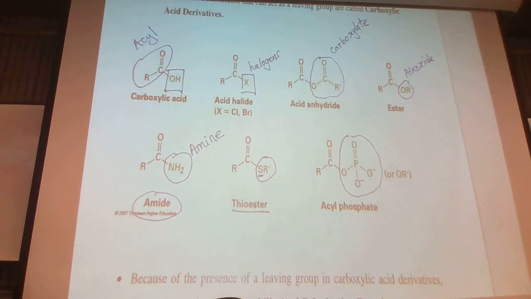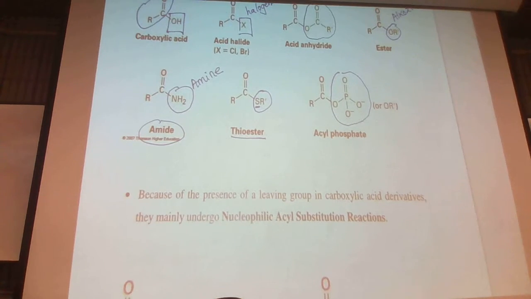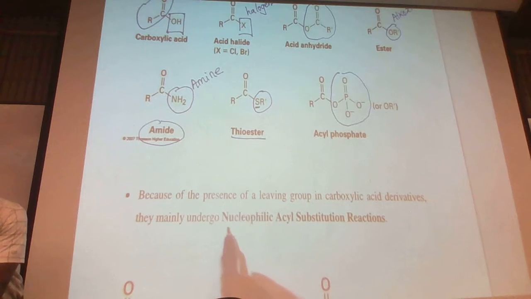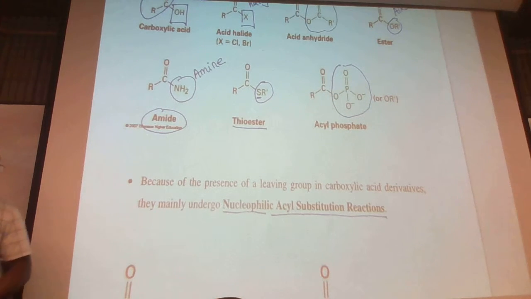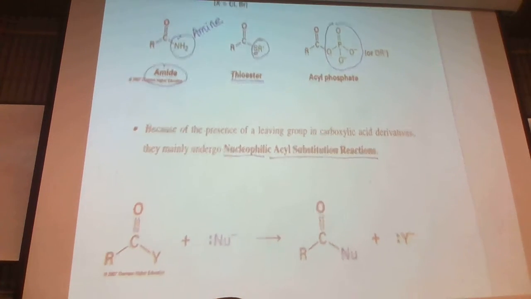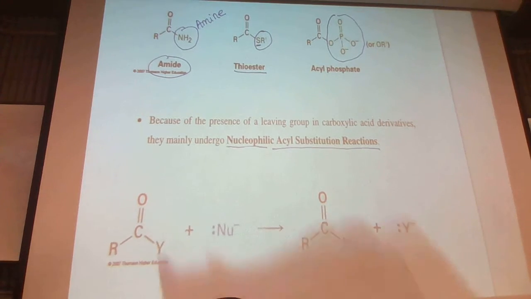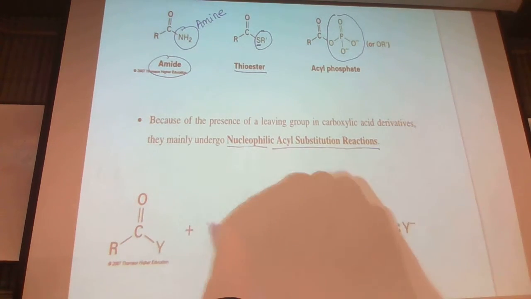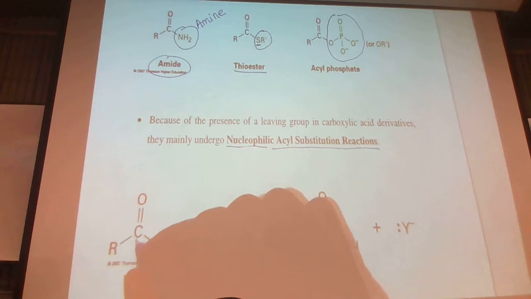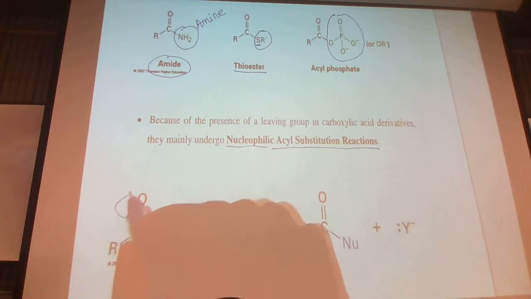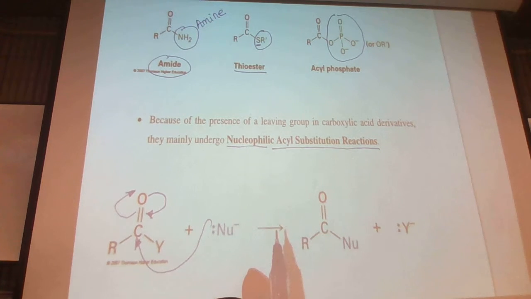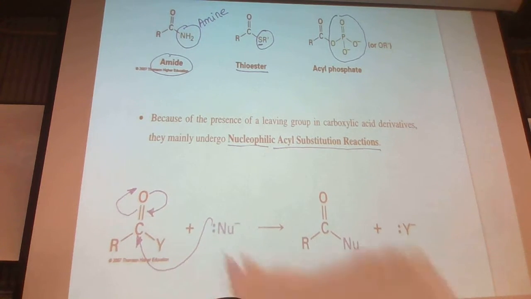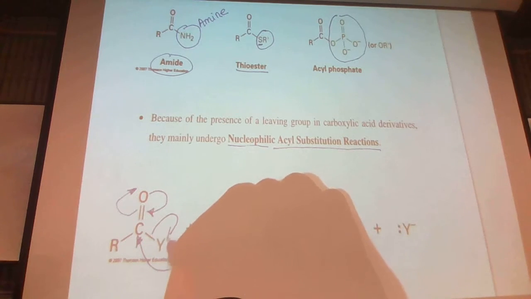And like I said, the reaction that they undergo is the same, and it's referred to as nucleophilic acyl substitution reaction. So generally, if you have a nucleophile, the nucleophile can attack the carbonyl carbon, breaking the carbonyl double bond, which is going to reform, because you have a good leaving group connected to the acyl group, which is Y, and that leaving group is going to be expelled.